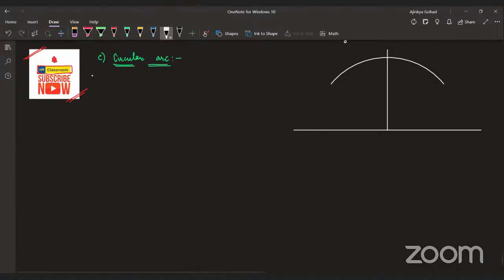So this is where the arc is, right? This is the arc. So the mass is lying on this arc itself.